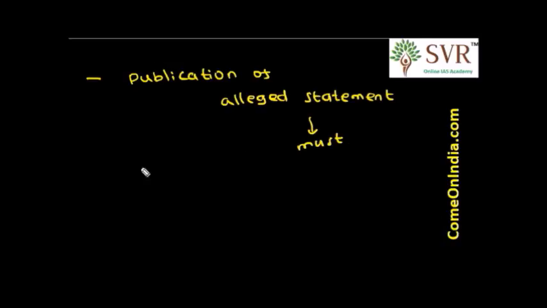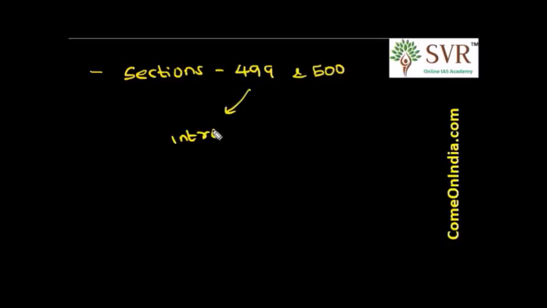Now let's discuss one important prelims point. Criminal defamation is mentioned in section 499. Punishment is mentioned in section 500. So, section 499 and section 500 deal with criminal defamation.